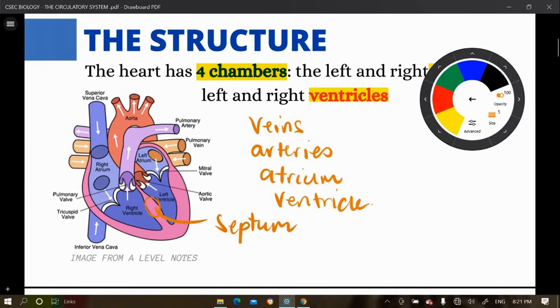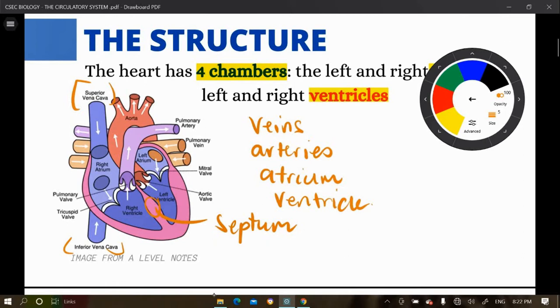All right, so the heart has a vena cava that takes deoxygenated blood, that's blood without oxygen, into the heart. Blood from the top part of the body is brought into the heart through the superior vena cava, while blood from the lower part of the body is brought via the inferior vena cava.